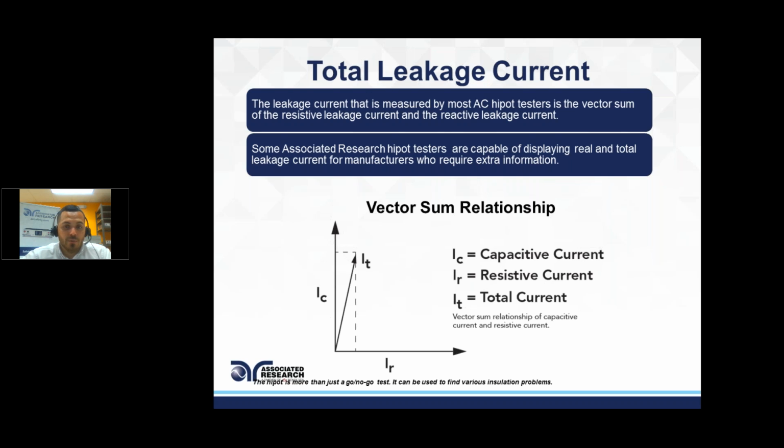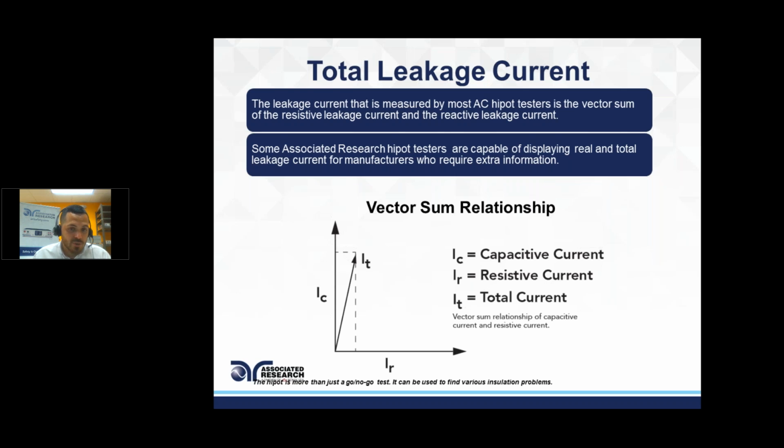If you only want to see the real part, we have features or methods of only displaying that. But it's important to understand the nature of your DUT, the product you're testing. You may be failing, but your product may be good. You're just not giving it enough time to have less charging current or reactive current.